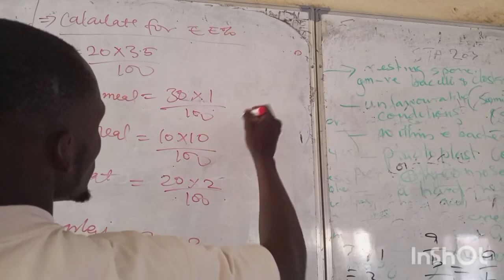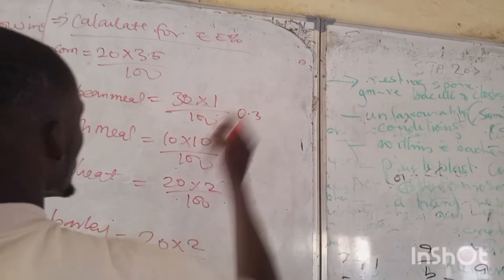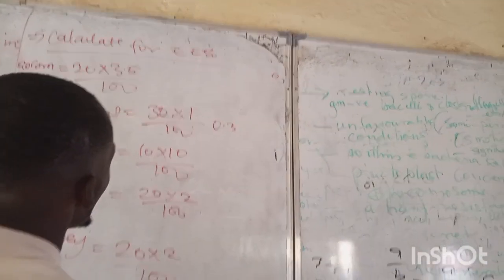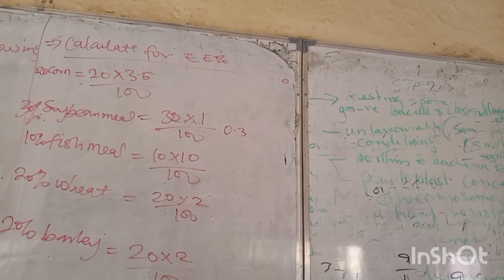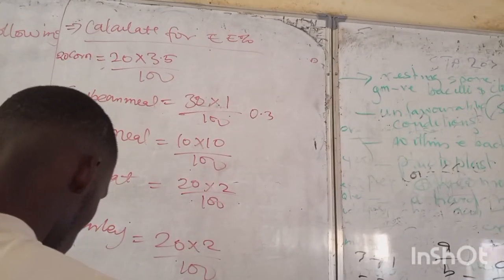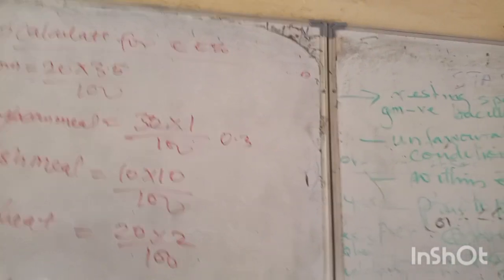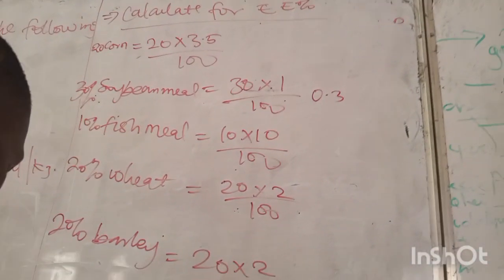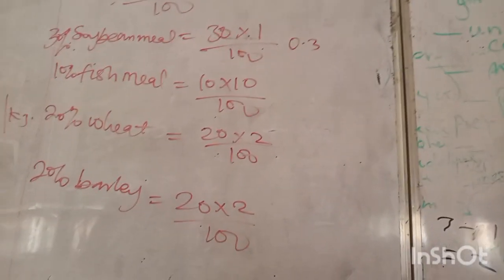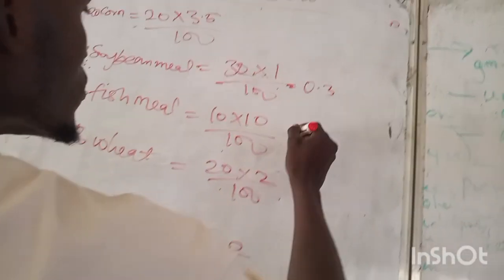That is 0.3. Let me use my phone to avoid any little error. So we have 30 times 1 divided by 100 is 0.3.